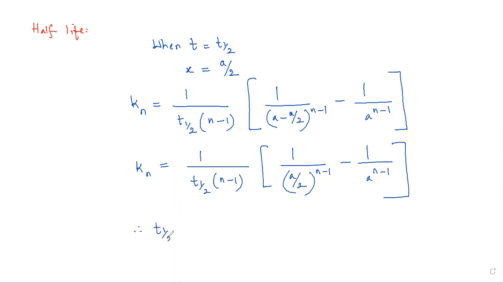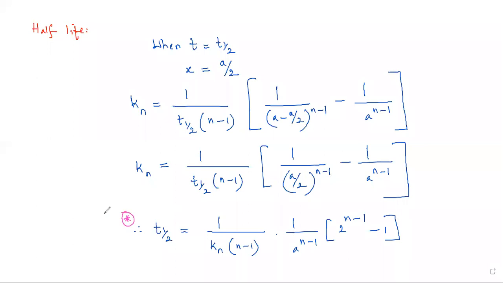Then let me write the final expression for t half: 1 by kn of n minus 1 into 1 by a power n minus 1 into 2 power n minus 1 goes into numerator, 2 power n minus 1 minus 1. Okay, so this is the expression for t half of nth order reaction. Check this out.